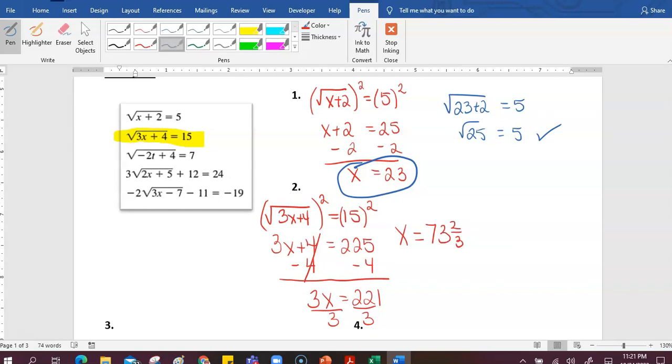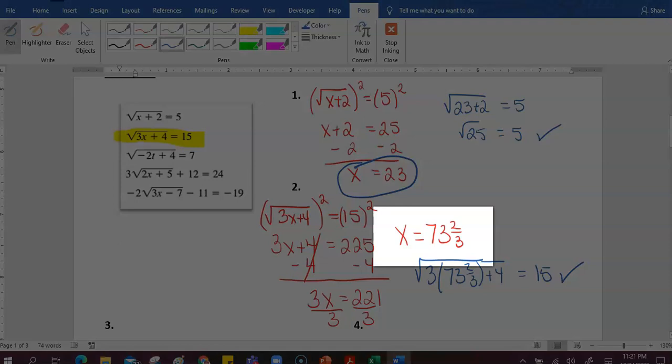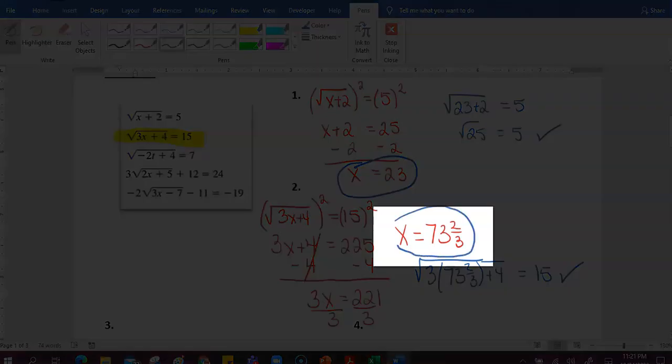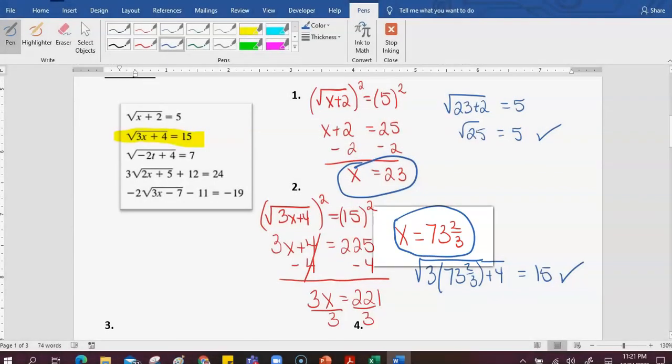And then next we do our check. We take the original x and put it in. If you have fractions in there, I would advise throwing this one into a calculator, and you will find that yes, it checks out. So you're fine, and here is your final answer.